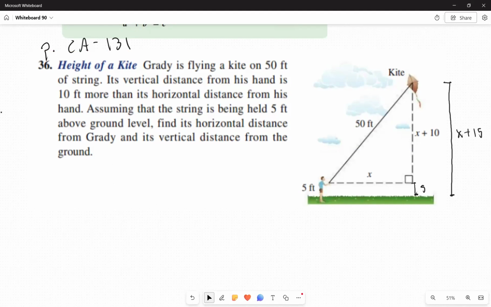So let's set up the equation with the Pythagorean theorem. The squares of the lengths of the legs, that's x squared plus x plus 10 squared, equals the square of the hypotenuse, 50 squared. That's the quadratic equation that we need to solve. We're going to solve for x.